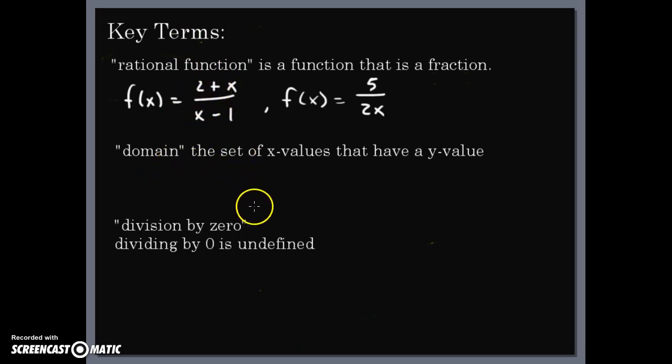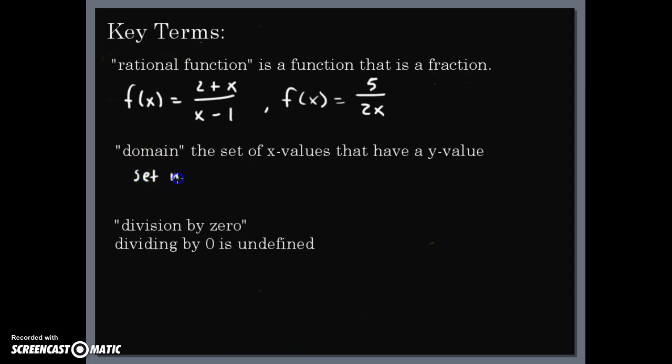Domain is the set of all x values that have a y value, and we'll learn in this lesson that there are certain x values that do not have a y value for rational functions. So the domain is all of the ones that do, and we're going to list the domain in set notation.